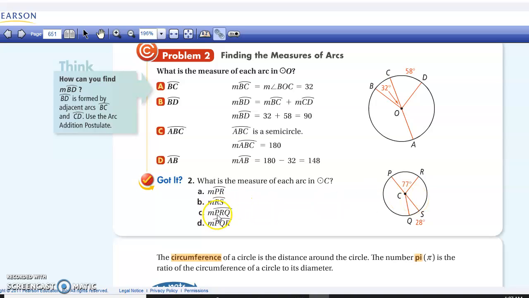Now the measure of PRQ. We know that the distance already from here is 180. We know that the distance in this part is 28. That means all the angle here will be 180 plus 28. That will be 208. And the last part is PQR.